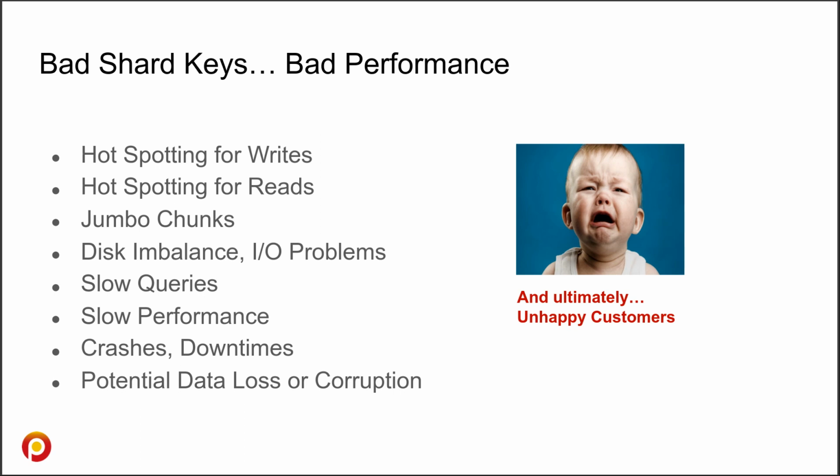So you can see that it keeps snowballing. It might seem like a small issue at first, but it snowballs all the way down to potential data loss or corruption with orphan documents and things of that nature. So you can see how it can go from bad to worse really quickly, just from a bad shard key.